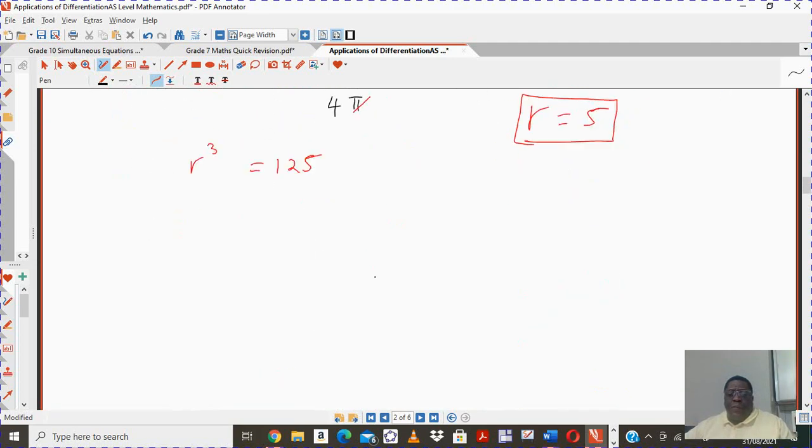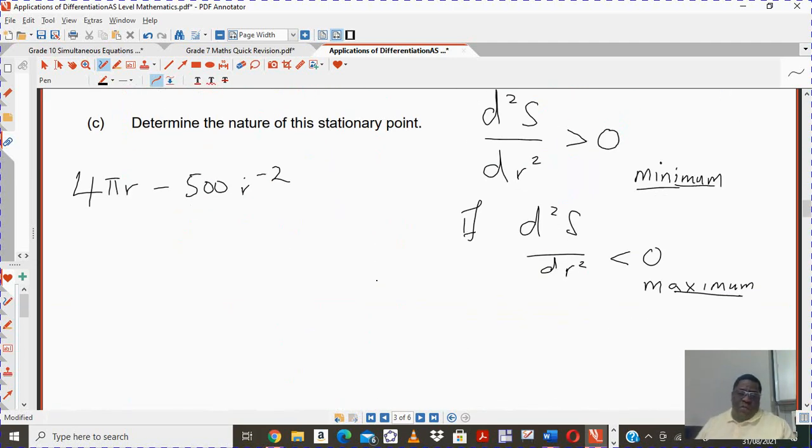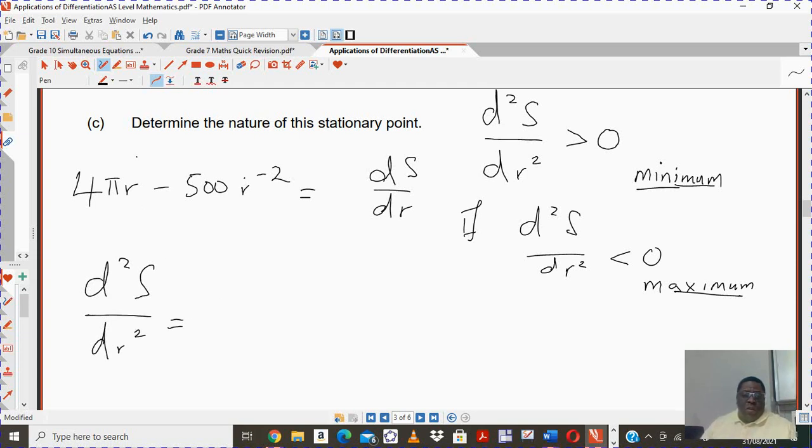So when you do the second derivative in order to determine the nature, of course, this one here is our first derivative. So to do the second derivative, you say d squared s over d r squared should give you, now remember that's 1, so when you multiply, you're just going to have 4 pi.